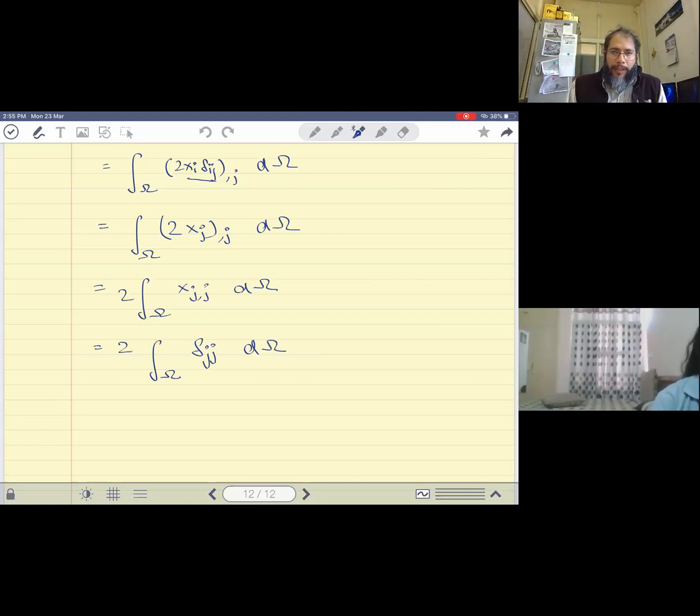Now delta jj is not dependent on the elements, as this integral is happening over small d omegas. So delta jj has no dependence on the position vector here, so we can take this out as well.